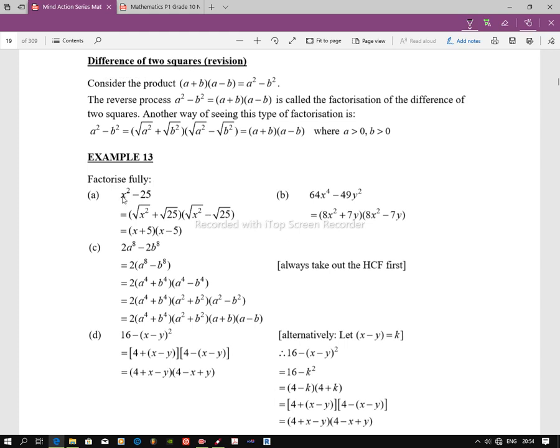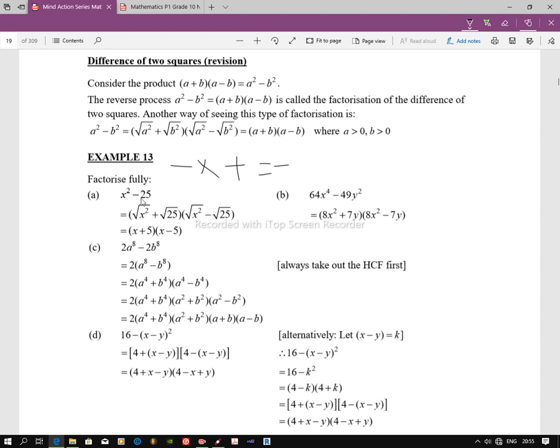So you were given x squared minus 25. What you have to do, you know that when you multiply a negative by a positive, your answer is going to be negative.